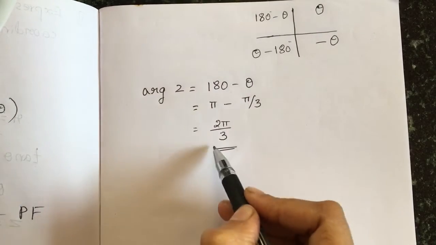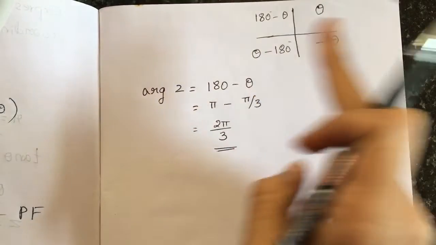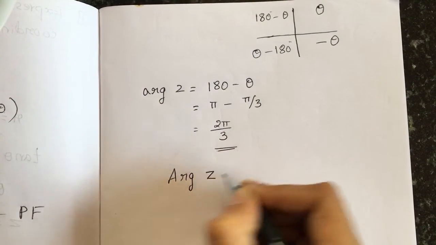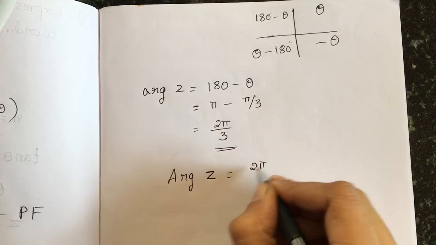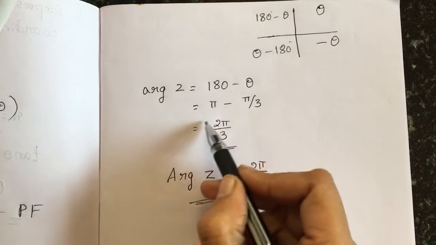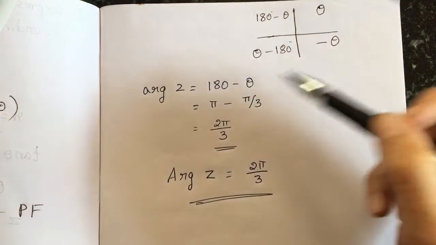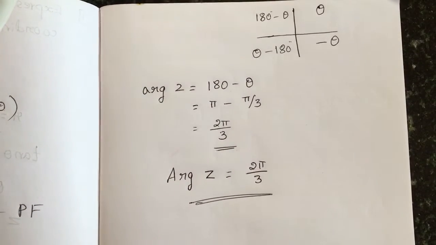This argument of z lies in the second quadrant, and this angle lies between minus pi and plus pi, so that itself is the principal value of the argument of z, that's capital Arg z, which is nothing but 2 pi by 3. Since this angle lies between minus pi and plus pi, that argument of z itself is the principal argument of z.